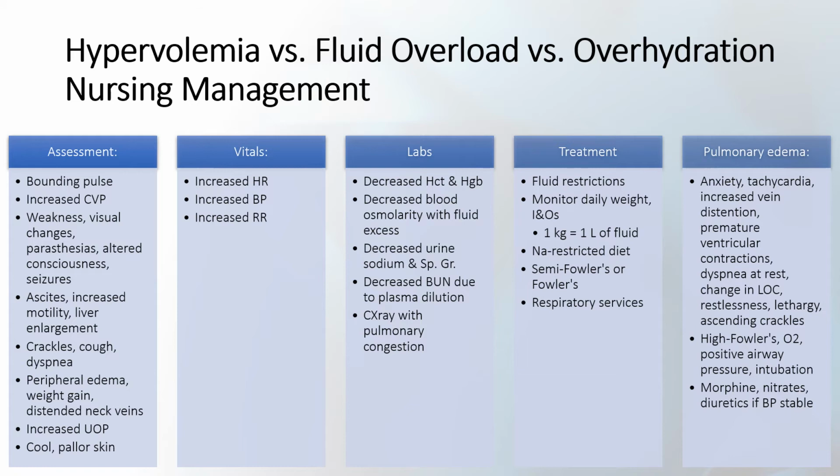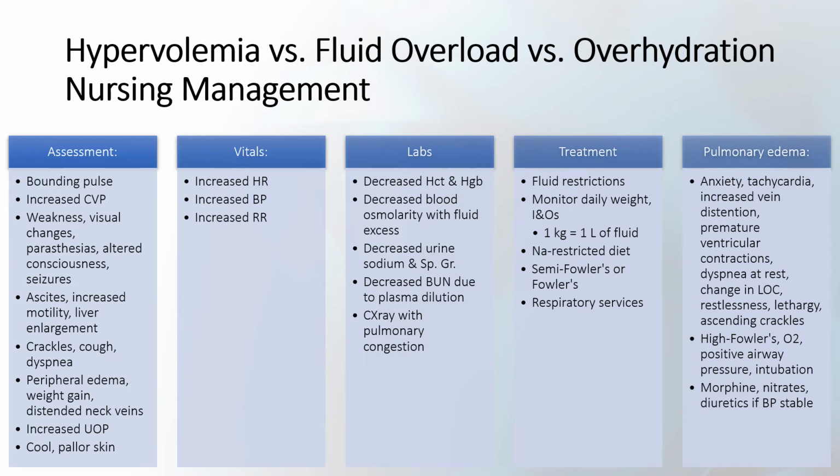Weakness, visual changes, paresthesias, altered consciousness, and seizures can also occur. So this is actually getting in the same realm as the hypovolemic. We've got a little overlap in our symptoms here. So knowing your additional symptoms, such as your other assessment items and vitals, is going to help you differentiate between these two types.